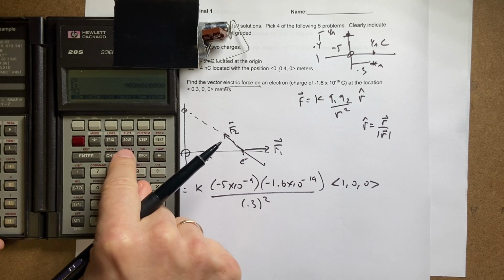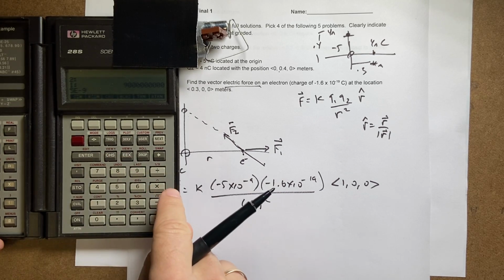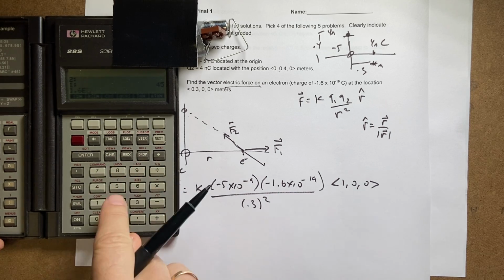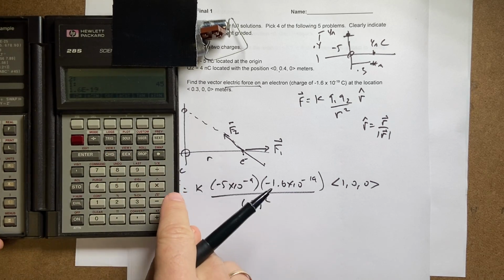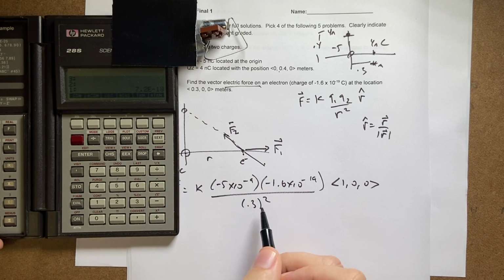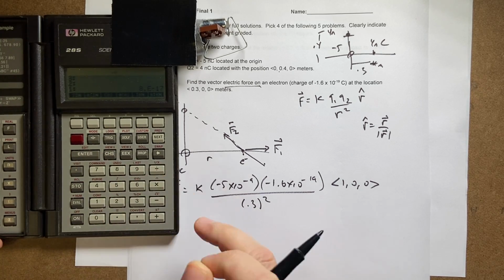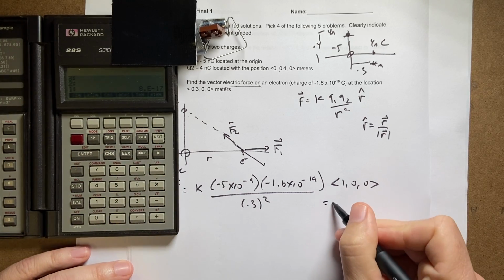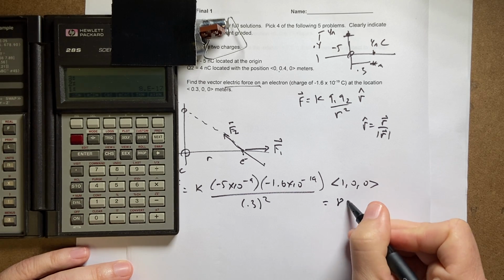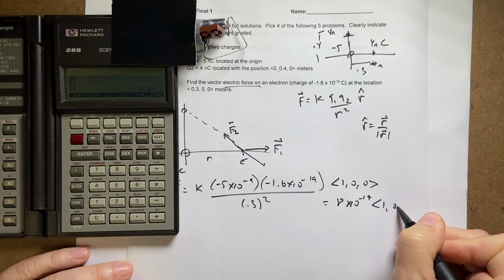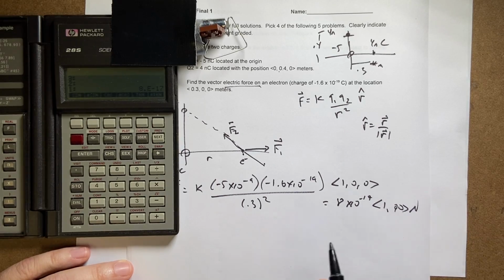So I have 5 times 10 to the -9th times 1.6 times 10 to the -19th, times 9 times 10 to the 9th, and then I need to divide by 0.3 squared. And so I get 8 times 10 to the -17th times the vector 1, 0, 0. And this will be newtons because it's a force.